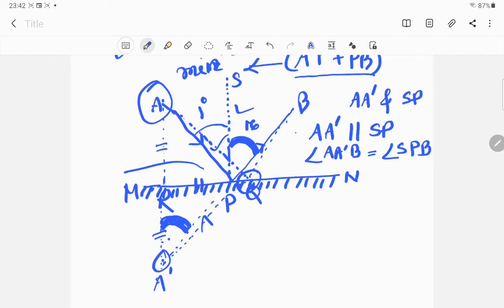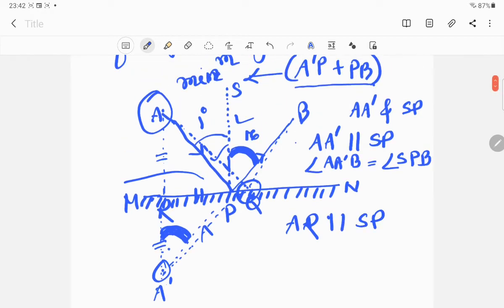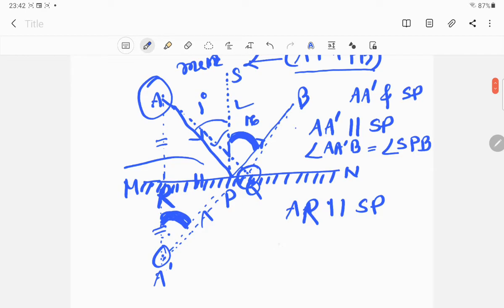Next thing is that can you see that we again have the same thing. AR is parallel to SP. This is R. So can we consider alternate angles? This is cutting these two parallels, joining the two parallels.